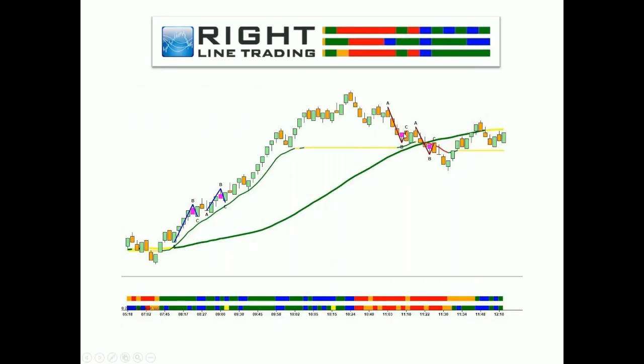Again, the time frame and instrument here are irrelevant. You've got them both aligned. You want to take a long trade only, and I'm not talking about the entry now, I'm just talking about the directional bias.